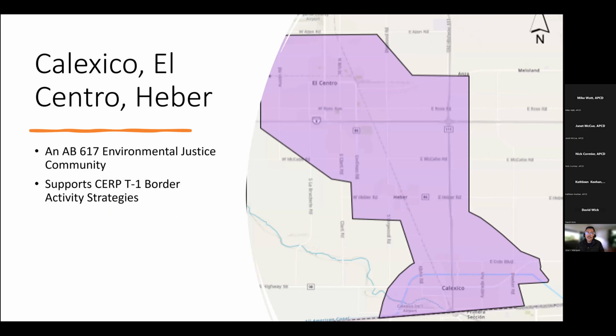So why did we select Calexico East as part of this pilot? Well, the communities of Calexico, El Centro, and Heber are an environmental justice community. A couple of years ago, the community wrapped up a community emission reduction plan to address air quality impacts in these communities.